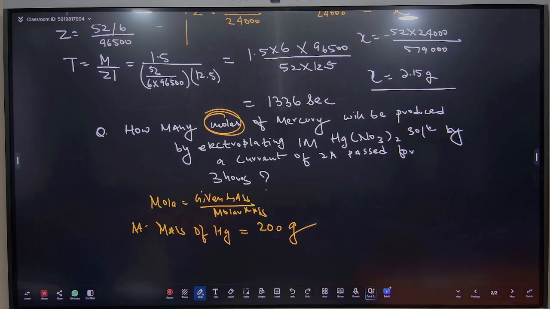Okay, is it done? What is the answer? Just 0.1. See, the standard rule says that at least take up to 2 decimal places. 0.1 is correct, but the next number 8 is not. 0.18, you are getting, right?